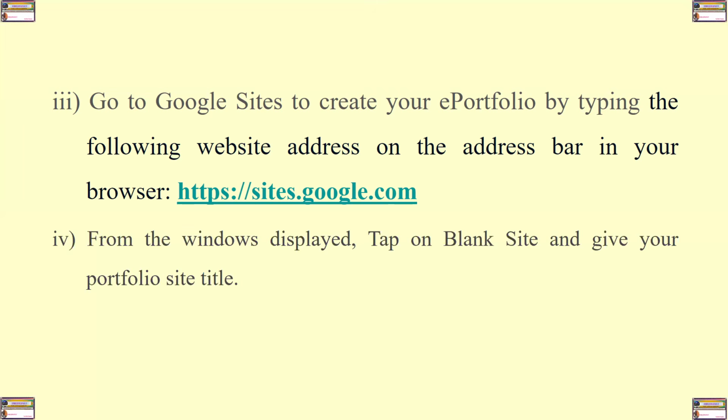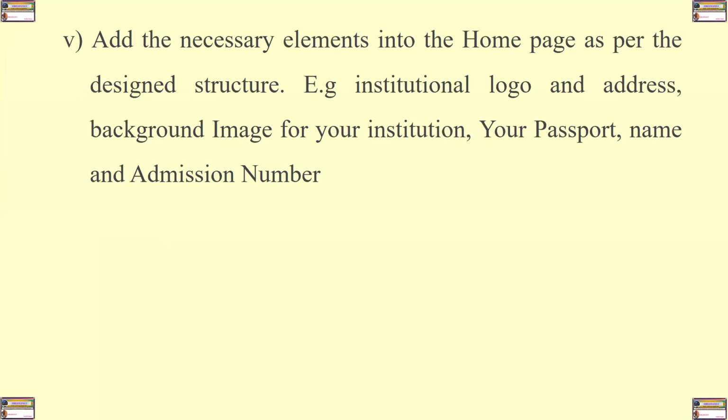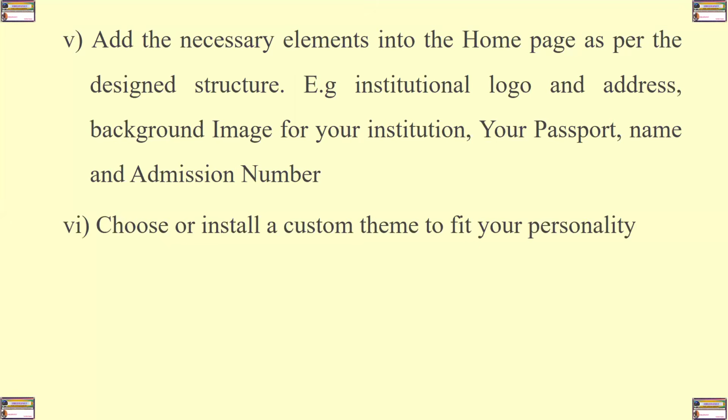Step number 4, from the windows that will be displayed, tap on blank site and give your portfolio site title. Number 5, add the necessary elements into the home page as per the desired structure. For example, you can add your institution logo and address, background image for institution, your passport size photo, name and admission number.